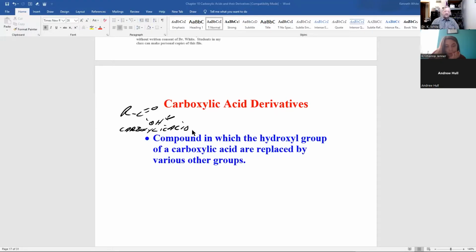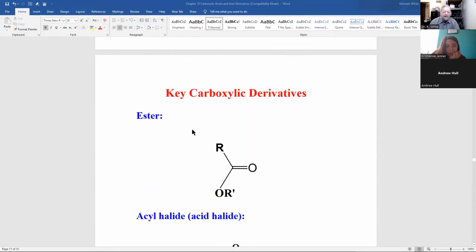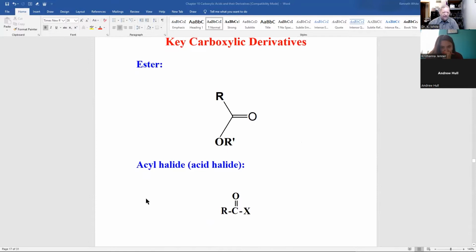So let's look at these derivatives. If you replace the hydroxyl group with OR, and another way of writing it would be like this. Instead of OH, we have OR. Excuse me.